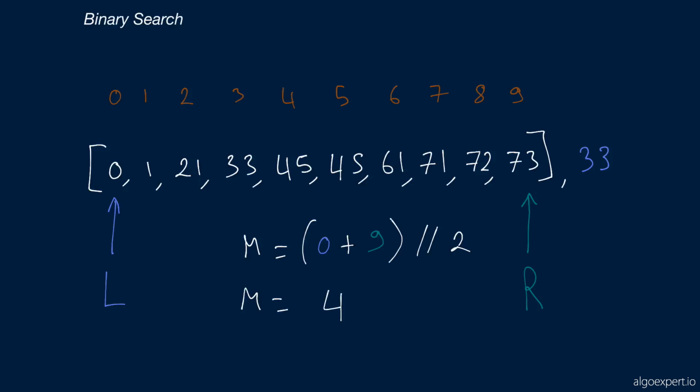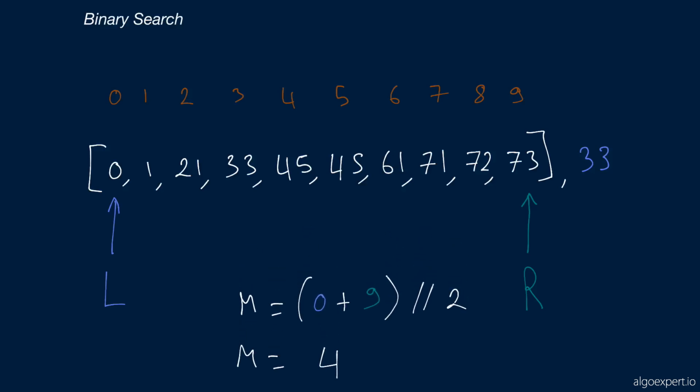Okay, so we can put our middle pointer. Let me move this formula a bit to the bottom to give us some space, and we can put our middle pointer here to point to the number at index 4, which is 45. And now that we have the middle number, we compare it to our target number.